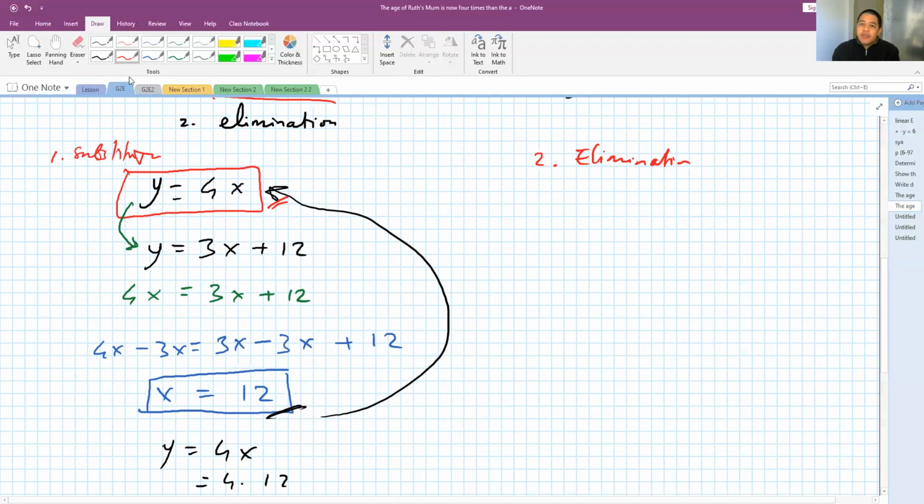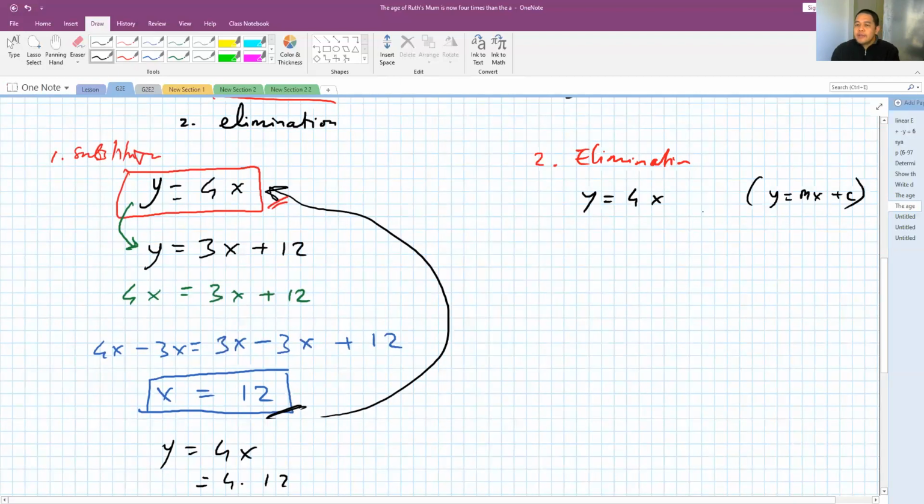simultaneously. So sometimes when you have an equation like y equals 4x, this is the equation in the form y equals mx plus c.